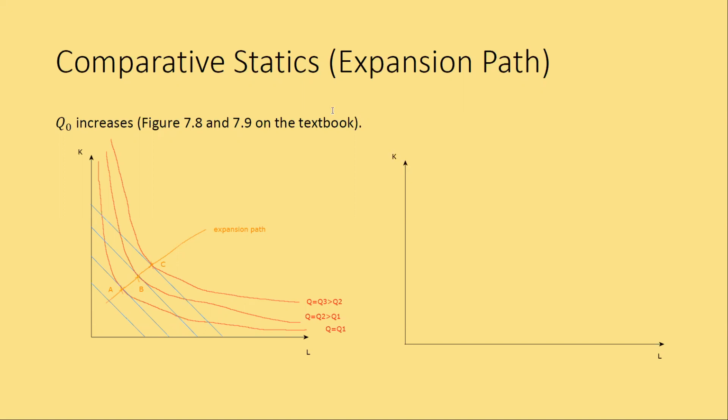We have labor and capital. This time let me draw the isocost lines first. So we can have a bunch of isocost lines. So the isoquant may look like this.